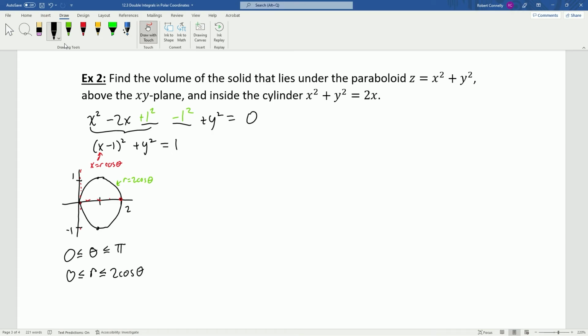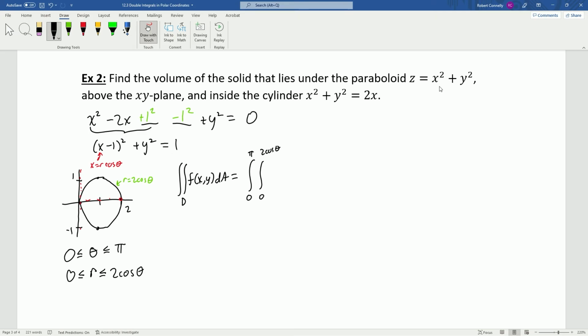And now it's just a matter of setting up our integral to actually evaluate this thing. So we're starting with the integral over D of f of x, y dA. And we want to write this as the integral from 0 to pi for theta, 0 to 2 cosine of theta for r.